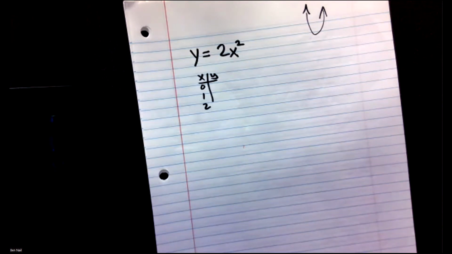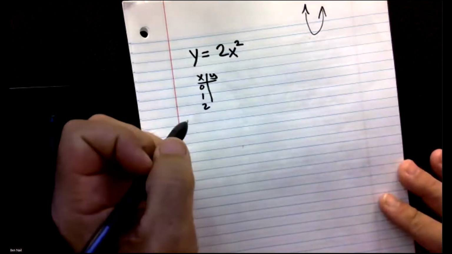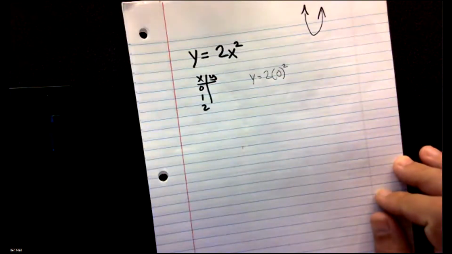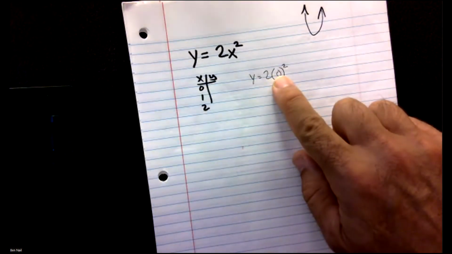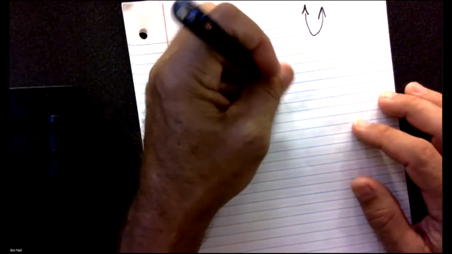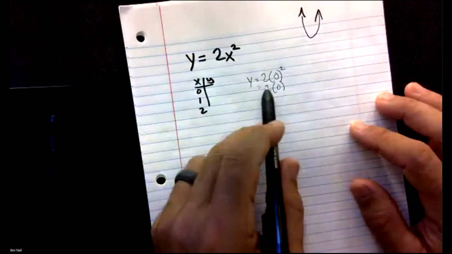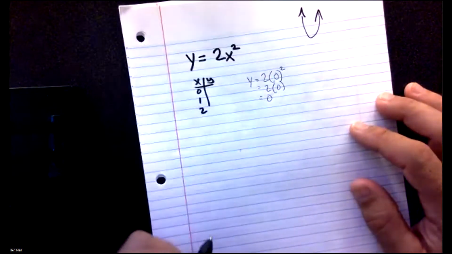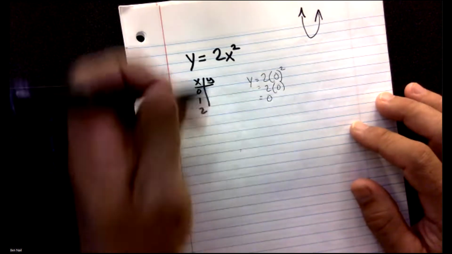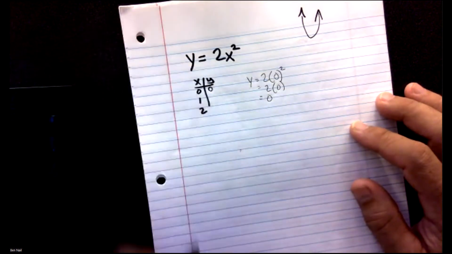So if this is my function, y equals 2x squared, if I plug that 0 in, okay, order of operations, do my exponents first. So 0 squared is 0, and 2 times 0 is 0. So when x is 0, so was my y.